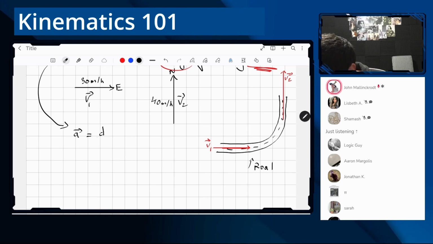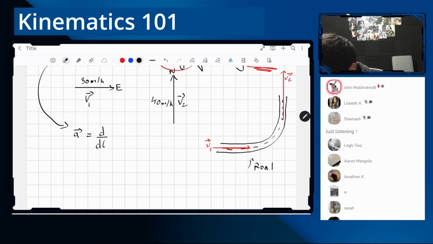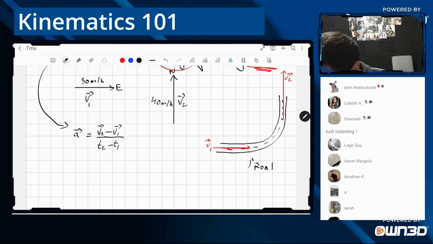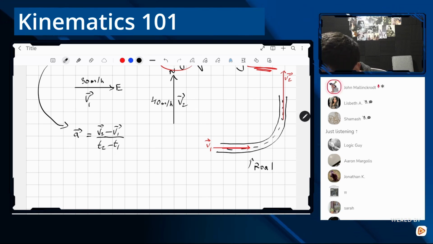How do I calculate delta V, the change in a vector? And this is really the central thing to get at. So first of all, when I calculate the change in anything, I take its final value minus its initial value. That should make sense.